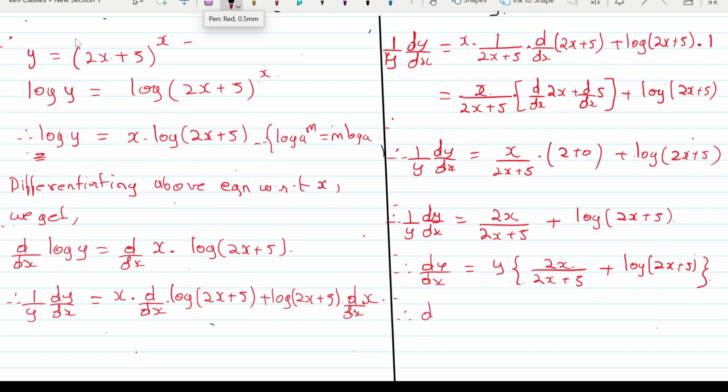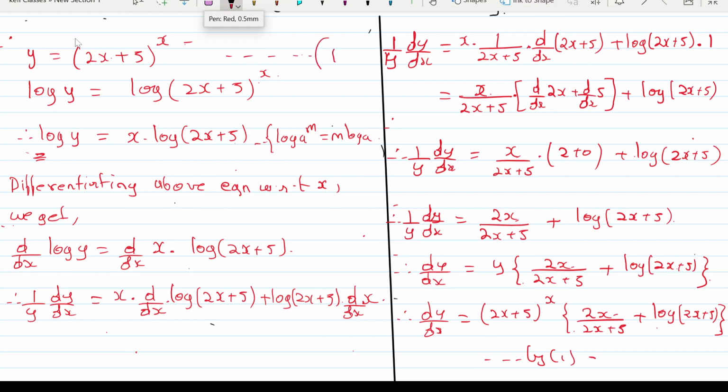And therefore dy by dx is equal to 2x plus 5 raised to x into 2x upon 2x plus 5 plus log of 2x plus 5, brackets closed, by equation 1, where this is equation 1.